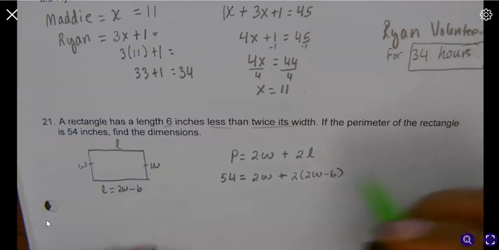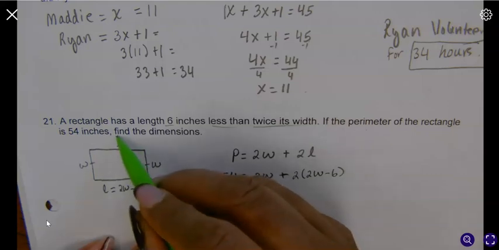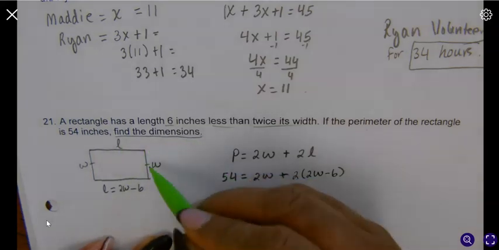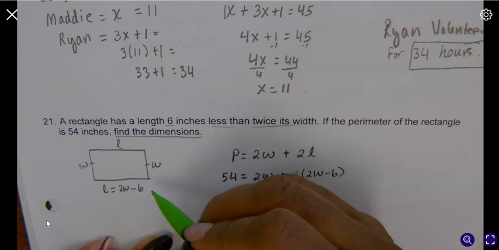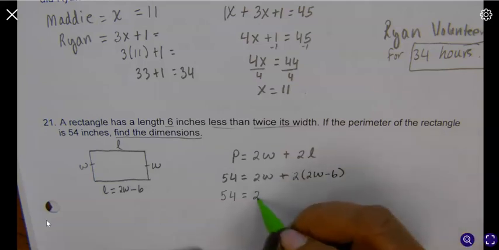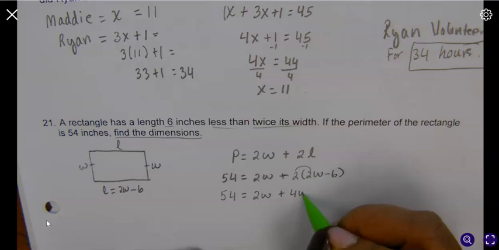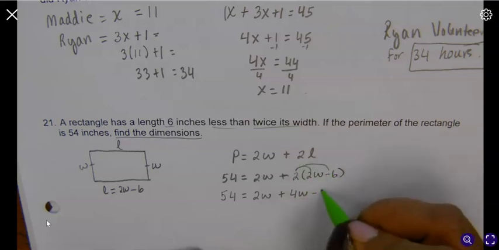And there you go. Now we're just going to solve for w. First of all, it's asking us to find the dimensions. So basically it's asking you to find what the width is and what the length is from what they give us. Okay, so let's go ahead and simplify everything. So you have 2w plus 2 times 2 is 4w, and then 2 times negative 6 is negative 12.